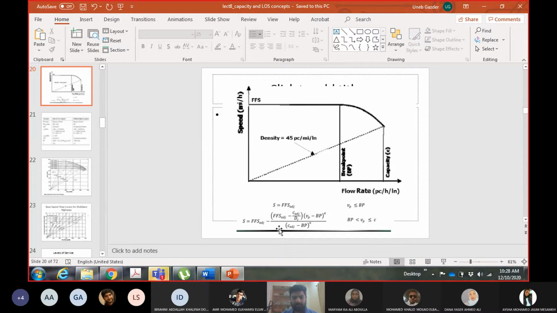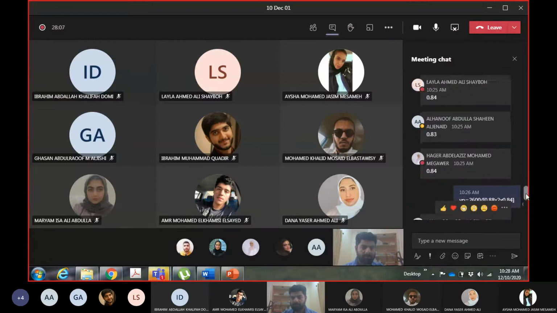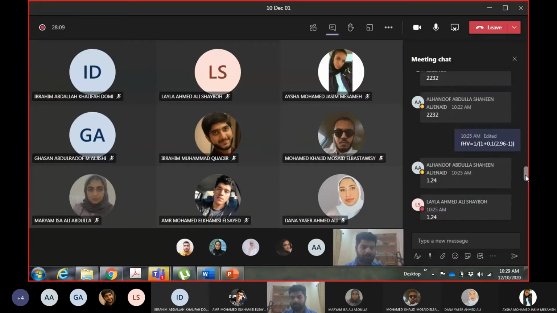FFS is 61.6. Capacity we have already found. How much was it? 2232.